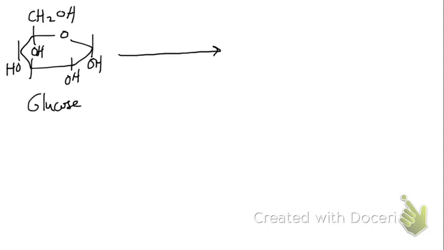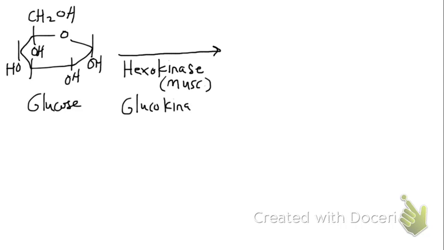The first step: glucose gets imported by a GLUT, the glucose transporter, into the cell. Once it's in the cell, there are two enzymes, depending on what cell it goes into. Hexokinase is in muscles, or glucokinase, which is in the liver.